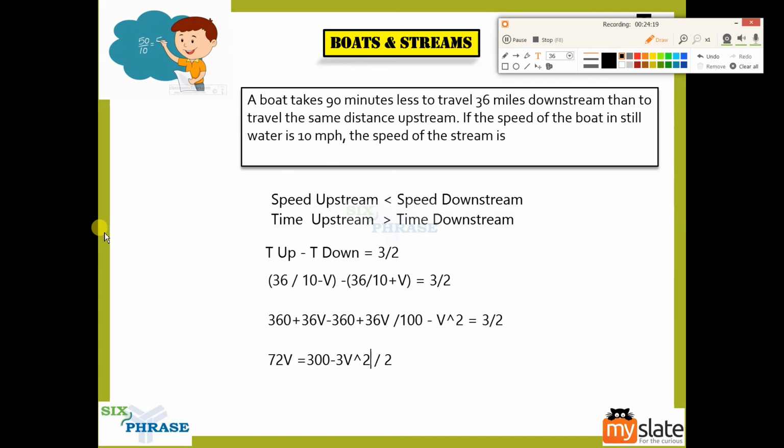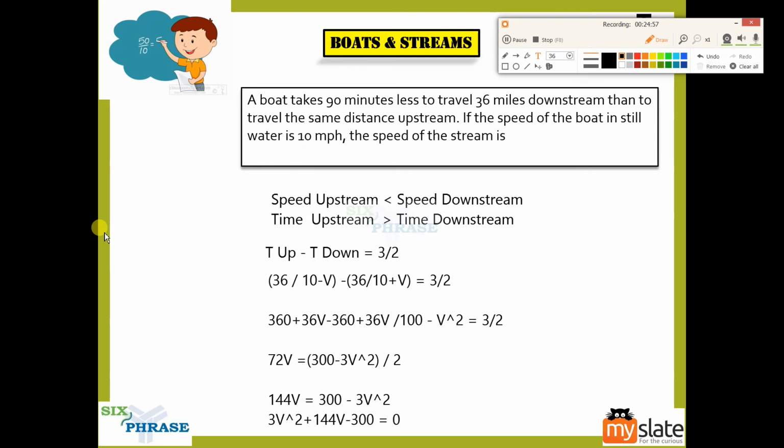If you solve this, this will become 144v is equal to 300 minus 3v squared. So you should get 3v squared plus 144v minus 300 is equal to 0.